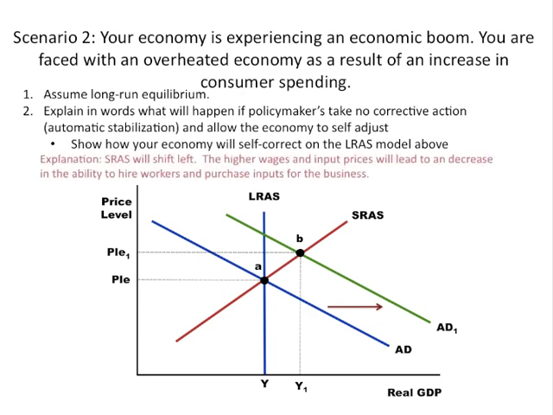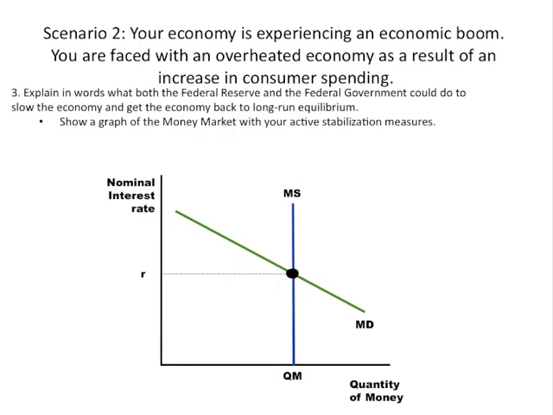So we represent this by a shift to the left of the short-run supply curve as a result of the higher input costs. That is, wages are now higher and input prices like dough are higher. And so our short-run supply curve shifts to the left, leading us from A to B and then B to C. So here we have a self-correcting economy, automatically adjusting back to long run.